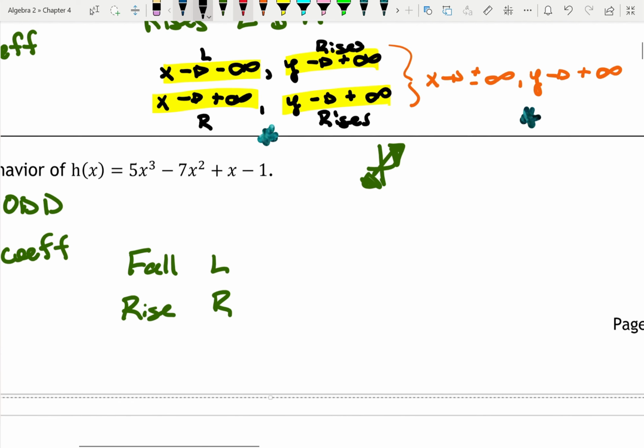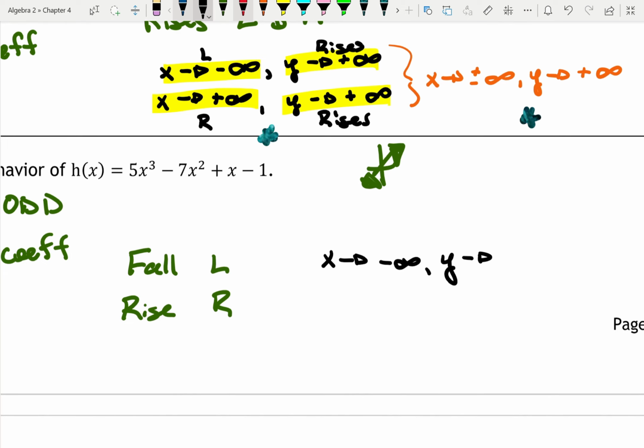We could also say that as x approaches negative infinity, that's left, y goes down to negative infinity. And then as x approaches positive infinity, so that's going to the right, y approaches positive infinity.